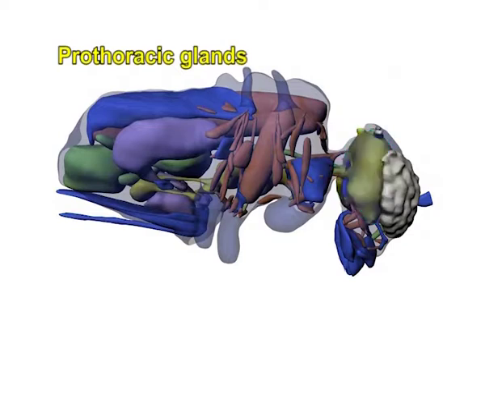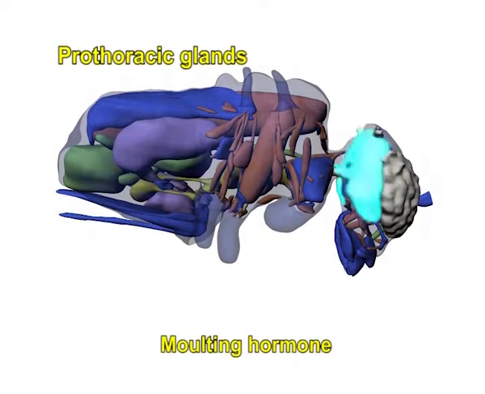Prothoracic glands are diffuse, paired glands located at the back of the head or in the thorax. These glands secrete an ecdysteroid called ecdysone or the molting hormone, which initiates the epidermal molting process.